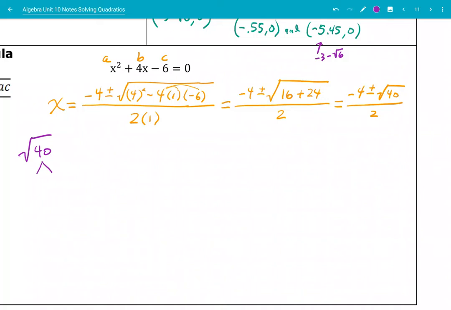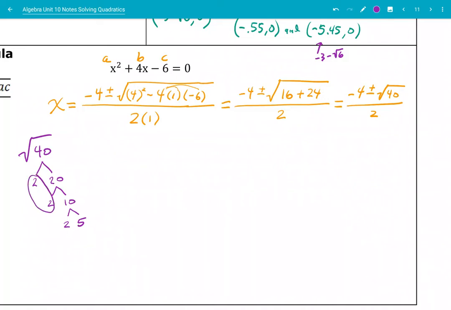Well, 2 factors of 40. It doesn't matter which ones you pick, because as long as you go all the way to the end of the trees there with the prime numbers, then you're going to be good. So I'll pick 2 and 20. 2 is a prime number, so 20 is 2 times 10. There's another prime number. 10 is 2 times 5. And those are all prime numbers.